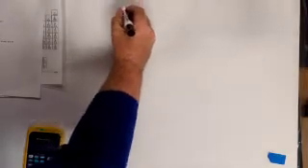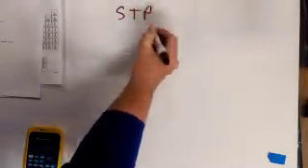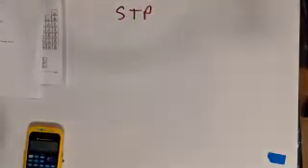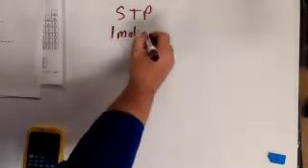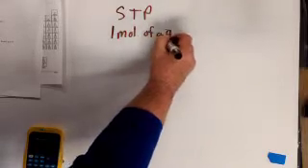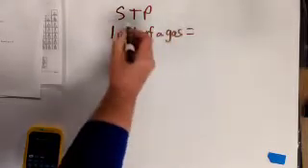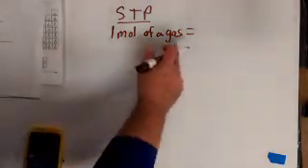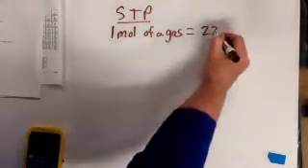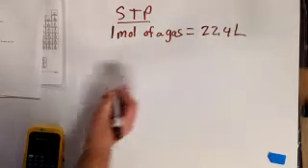All right. Now, if everything is at STP, standard temperature and pressure, then we know that 1 mole of a gas, doesn't matter what gas it is, if it is at standard temperature and pressure, 1 mole of a gas is 22.4 liters.